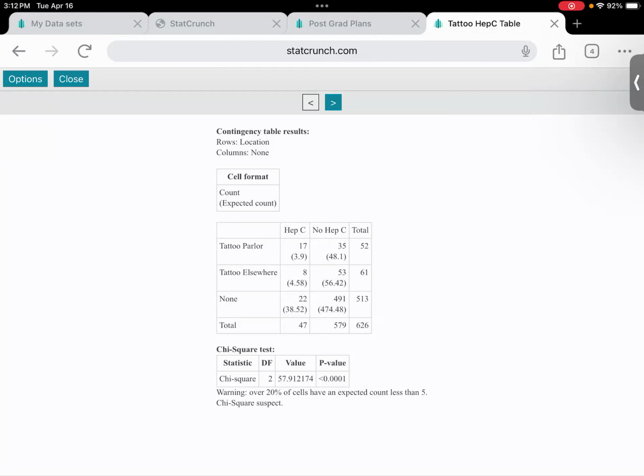That's the 4.58, right? Is that the lowest one? Oh, no, 3.9. Notice down here: Warning, over 20% of cells have an expected cell count less than 5. Chi-square suspect. StatCrunch actually says, whoa, whoa, whoa. This is problematic.